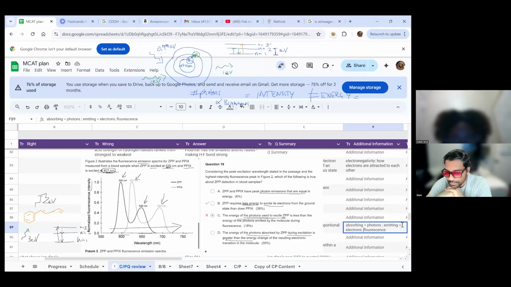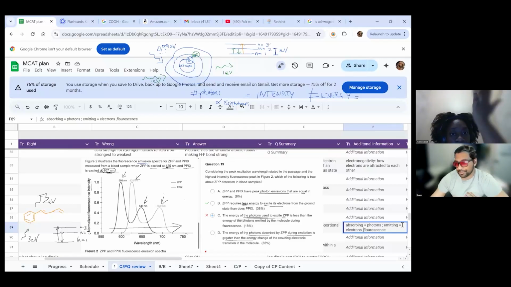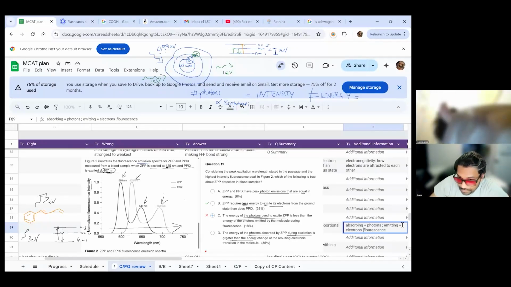And it has higher photons being absorbed, which is 425. When you say higher, tell me again what you mean. Like the 425, that's the photons that's excited at 425. That's higher than PPIX. That's excited. This is electrons emitted.